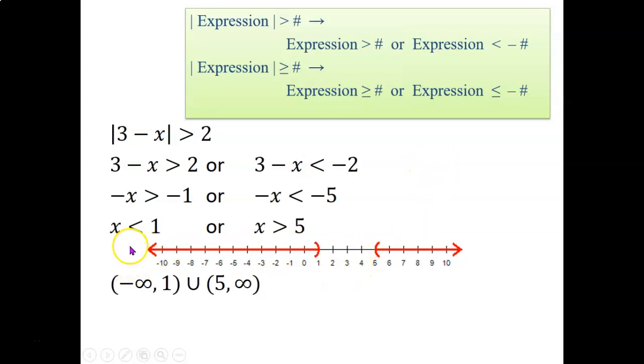That means it's part of the interval from negative infinity to 1, or it's part of the interval from 5 to infinity. So the solution set altogether is the interval from negative infinity to 1 together with the interval from 5 to infinity. And this symbol here, this U-looking thing, is the symbol for one set or one interval together with another.